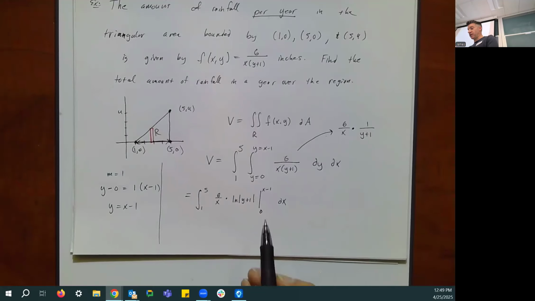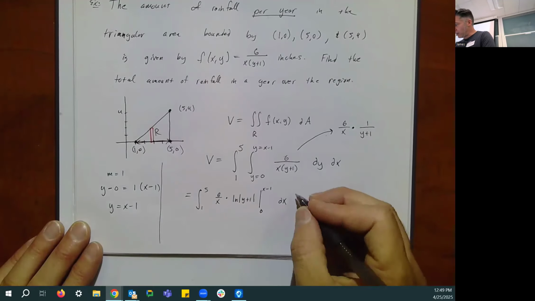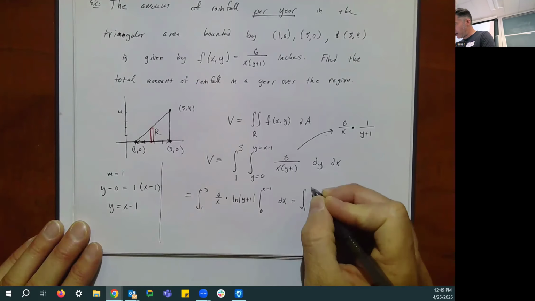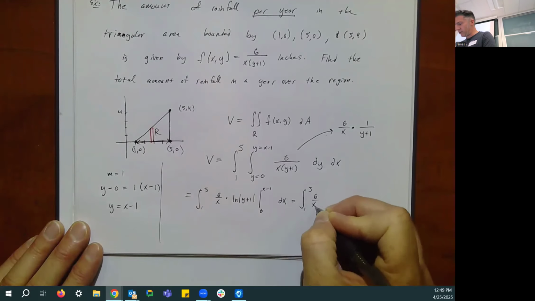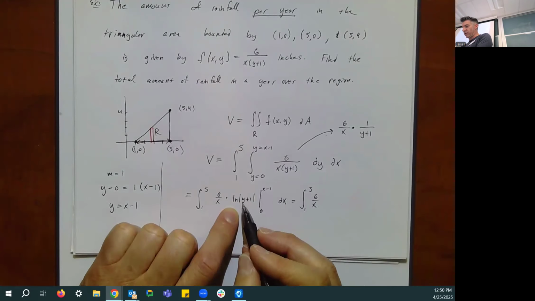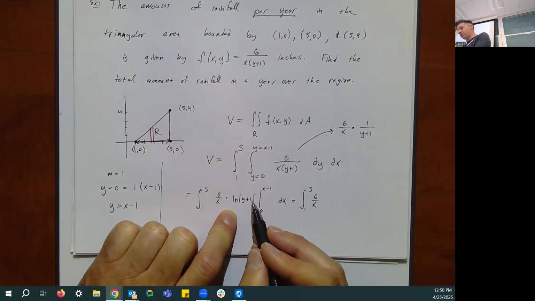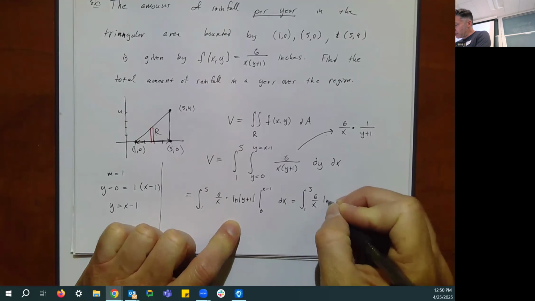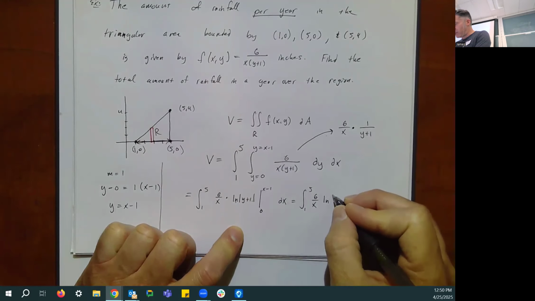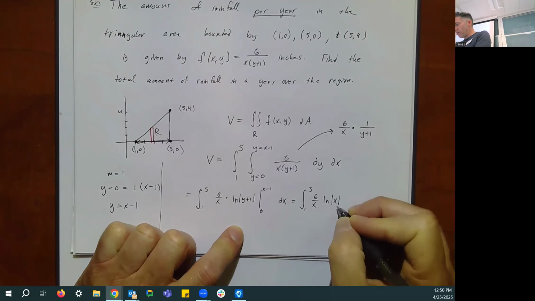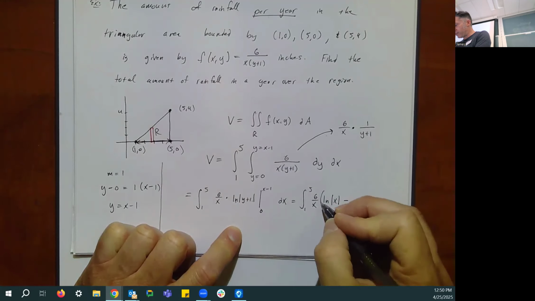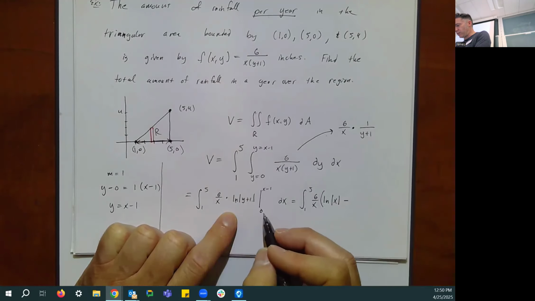Then we're going to plug those things in for the y's, only for the y's, not for any of the x's. We get still the integral from 1 to 5, with 6 over x hanging out. Plug in x minus 1, we get the natural log of x minus 1 plus 1, which I'll write as the absolute value of x for a second, minus the natural log of 0 plus 1.